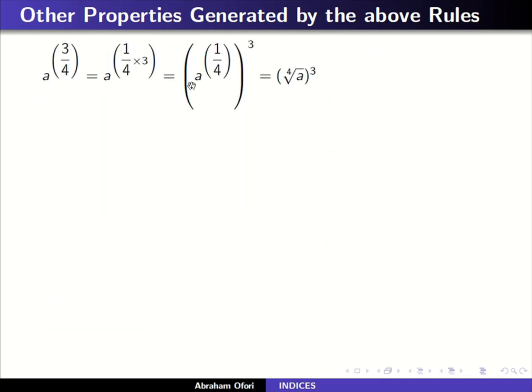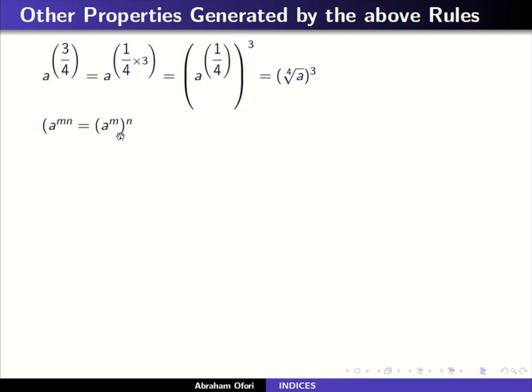So if I have this multiplying, and a to the power of the whole of this, I can take one of them, simplify a to the power that or that, and then all to the power the last one. The same thing applies. What is a to the power 1 over 4? The fourth root of a, and then after that I cube it.